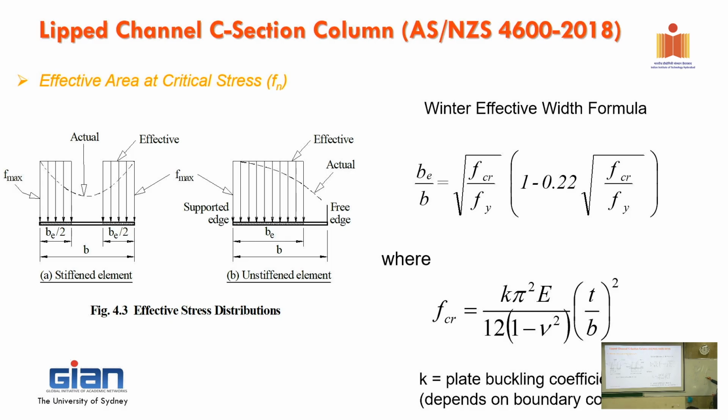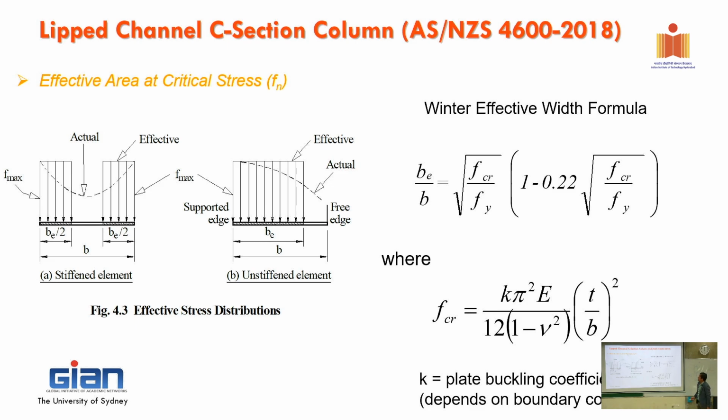So what happened to that plate? One side is supported, another side. 3 edges in here are simply supported, but this one will be free. So without even calculating, just by observation, it's going to be a lot lower, right? The kV is going to be a lot lower. So the kV for that is 0.43. That is the basic number for kV. So depending on the stiffness, the boundary condition that we have here, we have different kV. So in the Australian standard, there's a table. Depending on that, you can look it up and then you choose your K, or you calculate the K.